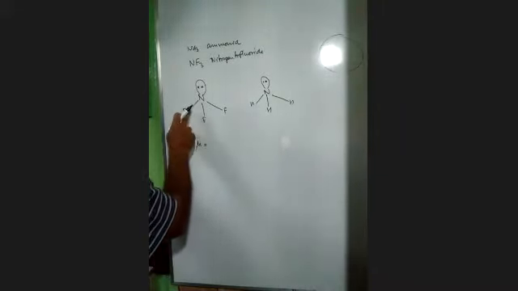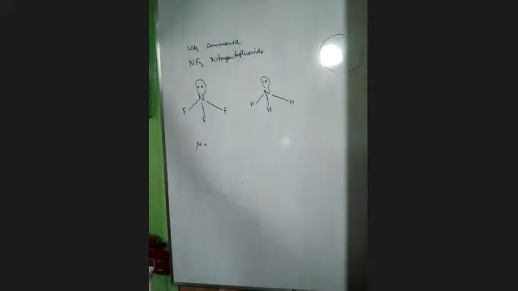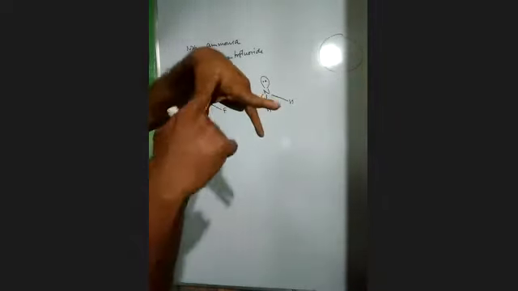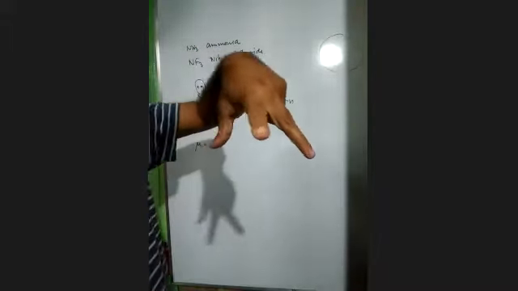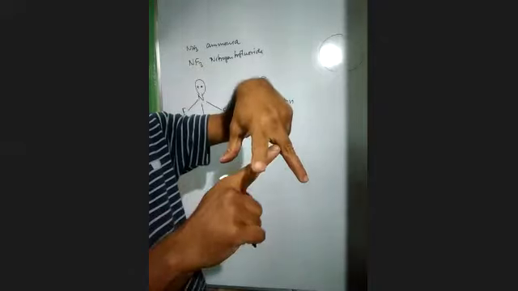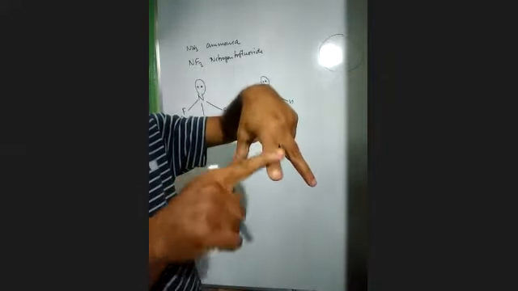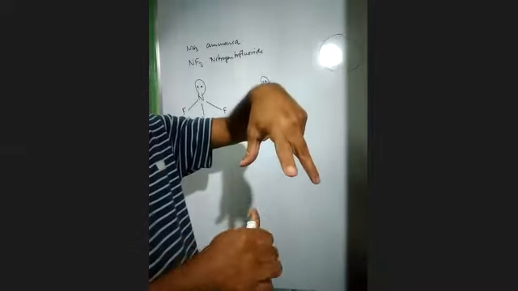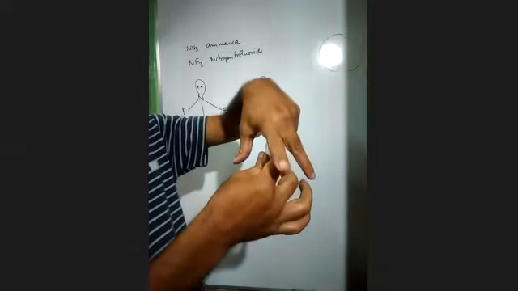Now it is found, see, the nitrogen fluorine bond is extremely polar. And in that case, it should have a very high dipole moment. Because this is nitrogen, this is fluorine, this is fluorine, this is fluorine. So the bond moment will be in this direction. So what is the resultant bond moment? Resultant bond moment should be in this direction.